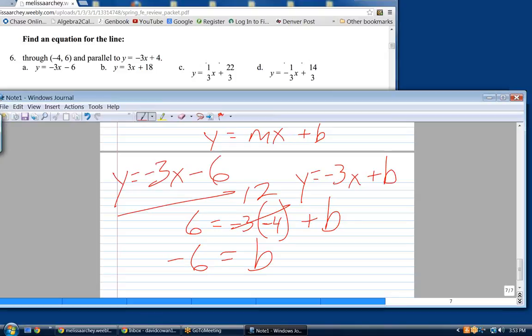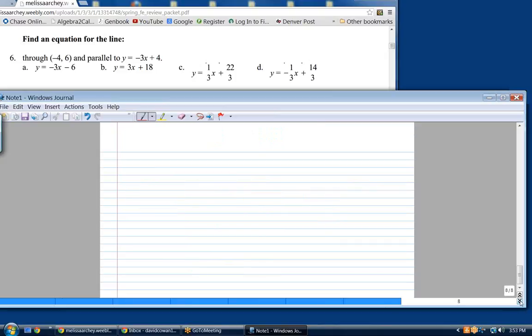So it's a two-step procedure. It is figuring out what the slope is based on the fact that it's parallel, and then figuring out what b is based on the point that we go through. Notice that if I graph something, and I know the slope, and I know one point, that's everything there is to know about that line.